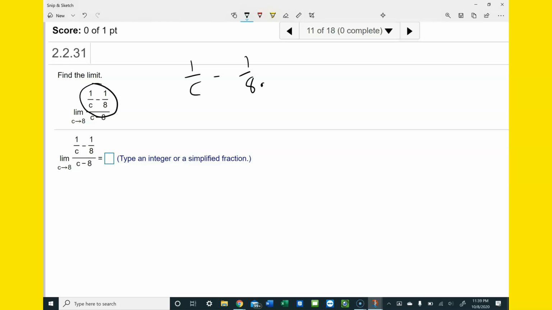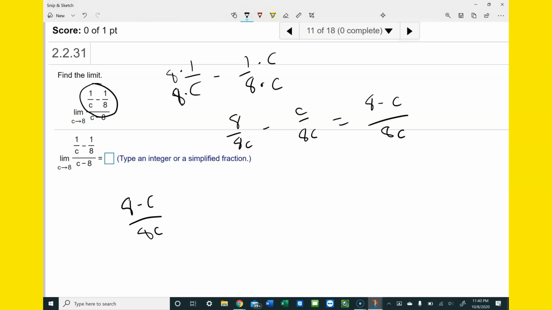I multiply this by C on top and bottom, and multiply this by 8 on top and bottom. That gives me 8 over 8C minus C over 8C, which gives me 8 minus C over 8C.